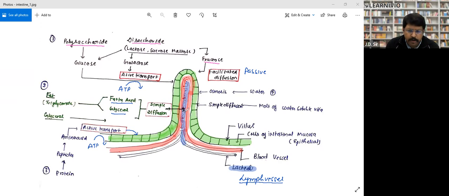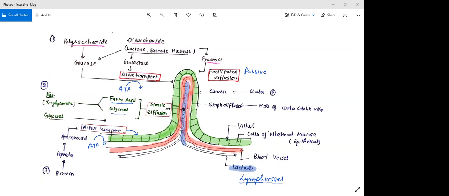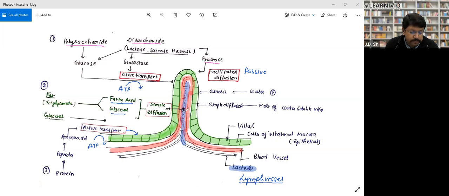Note down some points. Glucose and galactose are absorbed by active transport.